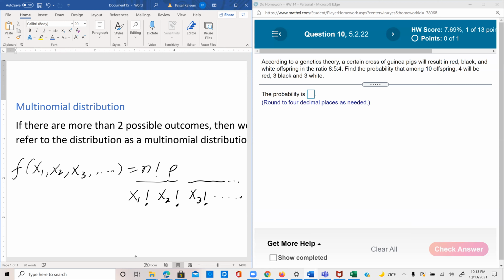And then p1 power x1, p2 power x2, and so on.